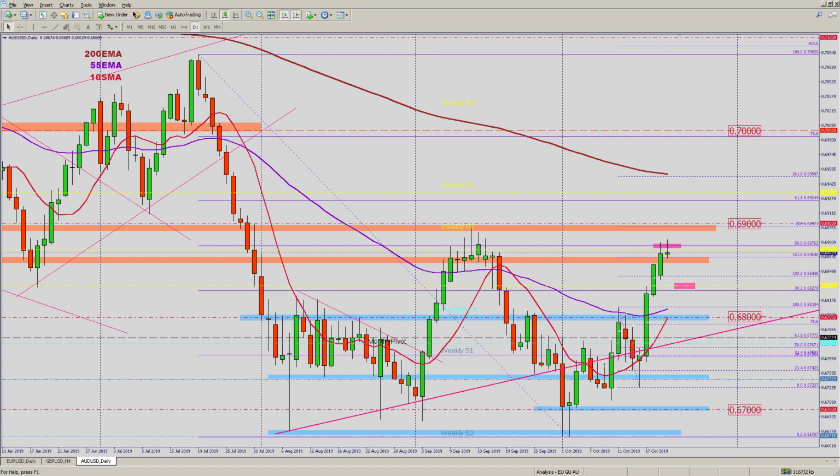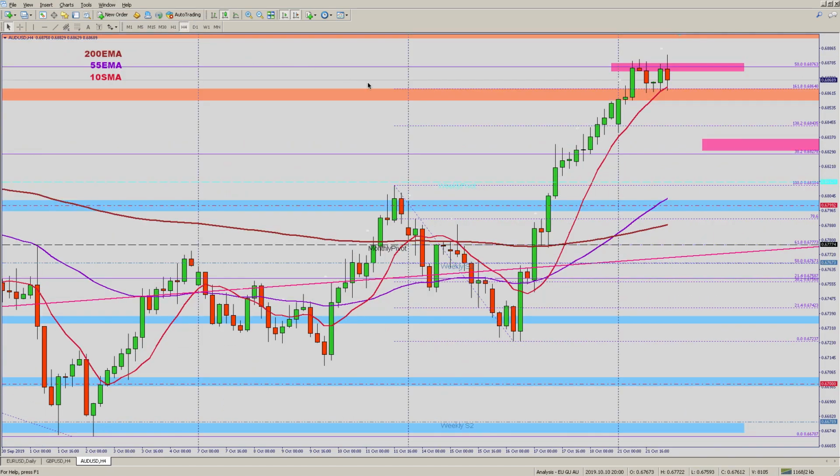And let's take a look at the 4-hour time frame. The weekly pivot is at the 0.6812 area, and that's just right at the previous swing high that it broke up from.